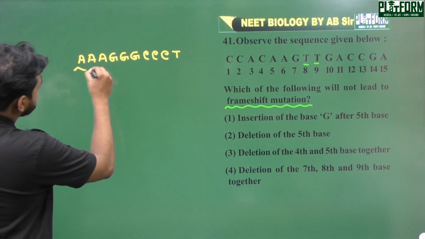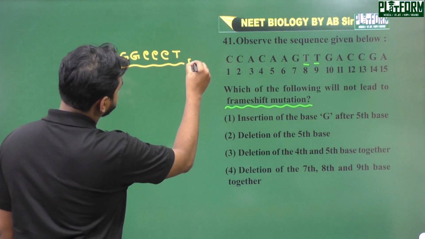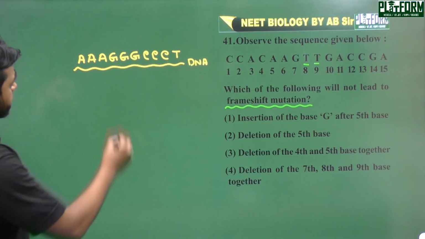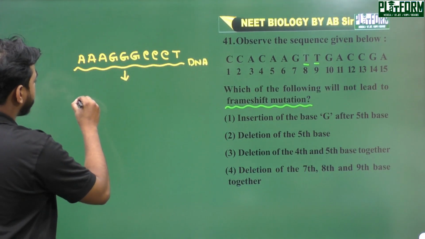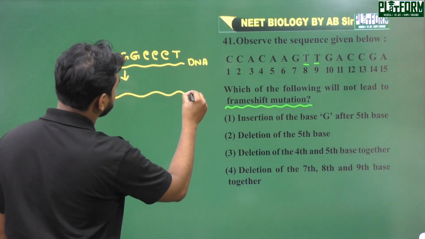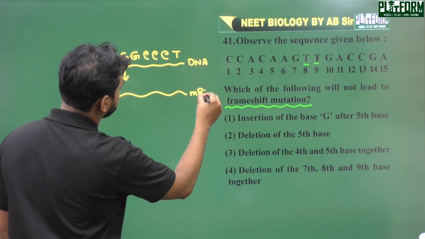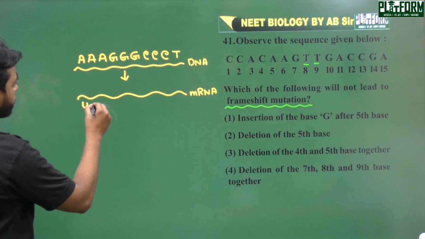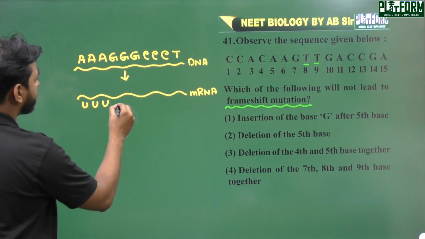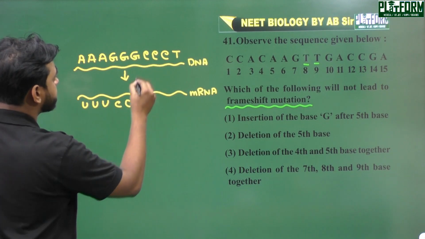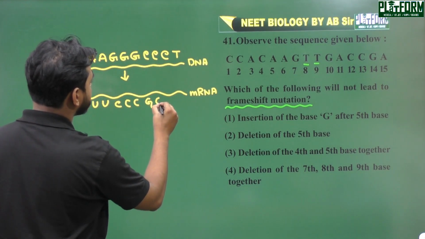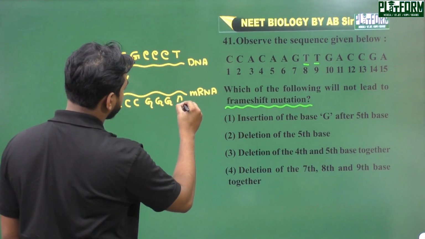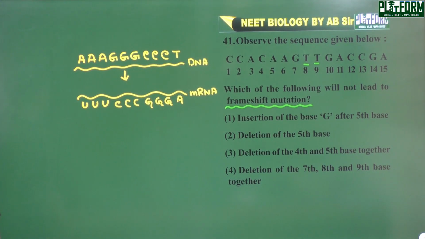Let's assume this one is a DNA, a different sequence. Fine. From this particular DNA, the mRNA molecule which is produced is U, U, U, C, C, C, G, G, G, and A. Fine.